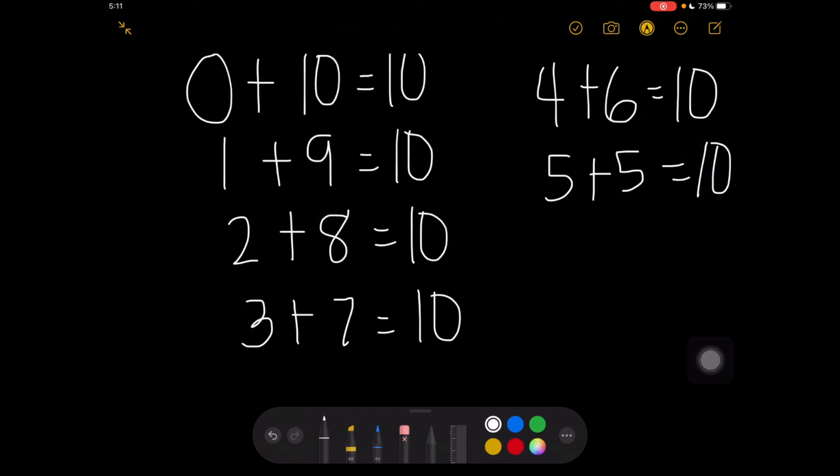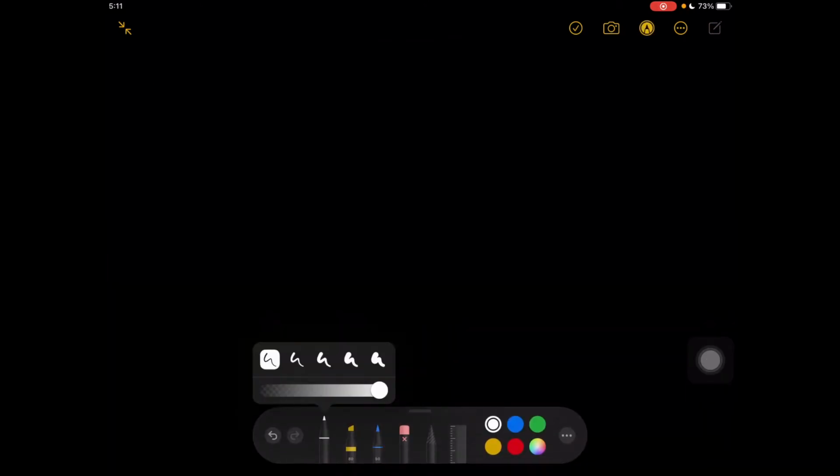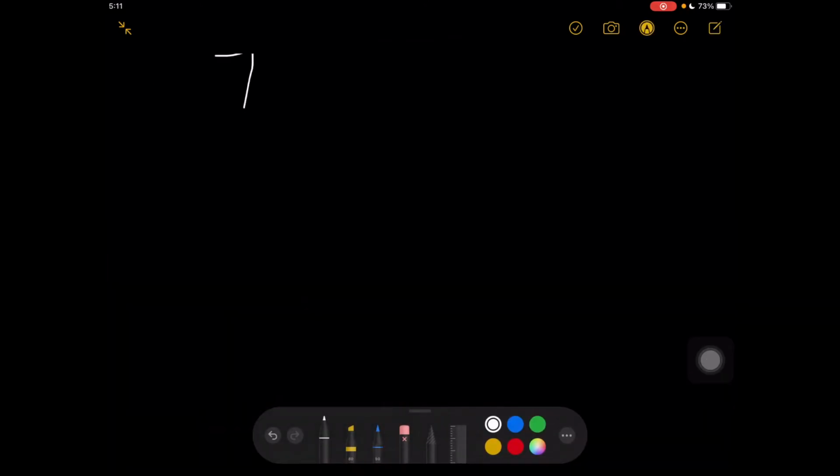So let's go to our first example. Our first example is 7 plus 5. So let me write that again. 7 plus 5. First step is to break apart 5.